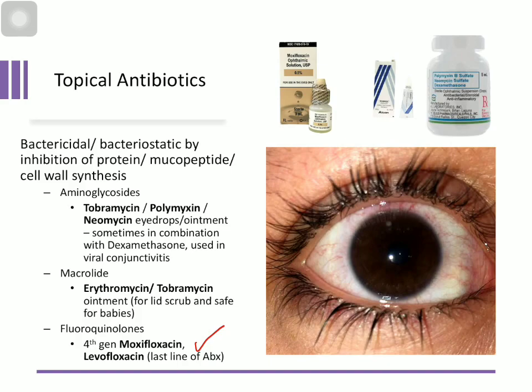Okay. You can also use the macrolides, tobramycin and erythromycin, which also has an ointment preparation aside from the drop preparation. By the way, if the patient is unable to put drops on a regular basis, then you might consider prescribing ointment because the ointment can stay longer in the eye compared to the eye drops.